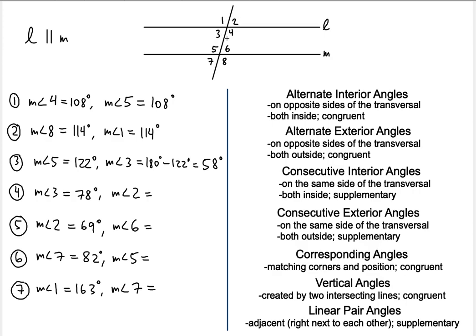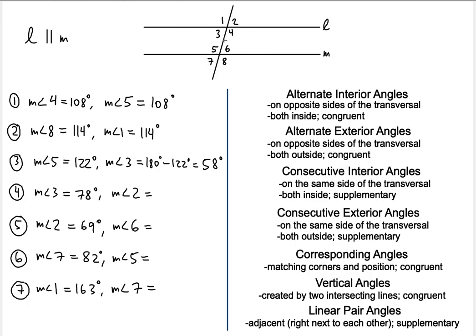They're mirror images of each other, and they're created by two intersecting lines, which is very close to what the linear pair does, except that vertical angles are not necessarily supplementary like in the linear pair case, but they're definitely congruent. So 3 and 2 are congruent, and they're on different sides of the intersecting lines.